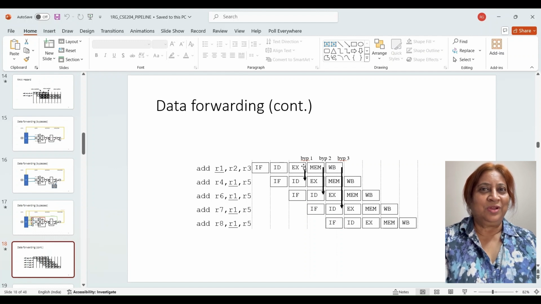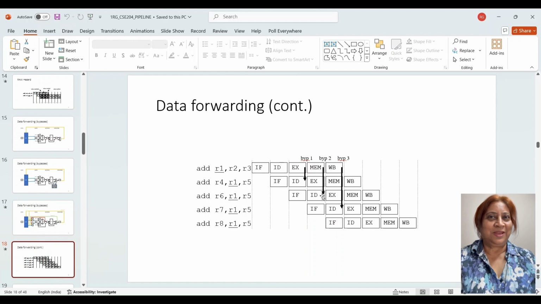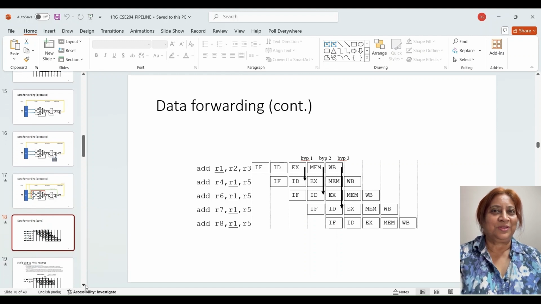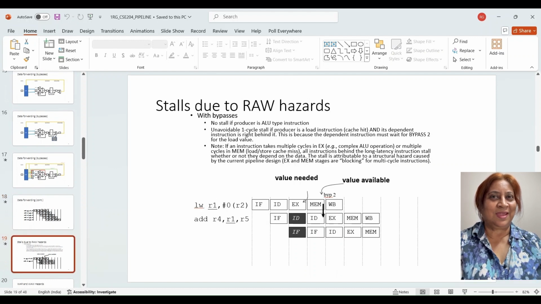If it is bypassed from here, there is no wait at all. Now the third instruction also has a data dependency with the first instruction, but here it needed it here. So in the memory stage, it can be forwarded, or it can be forwarded from here to here also. And if that is done, there is no stalling in the pipeline. And the technique that is used is called data forwarding.